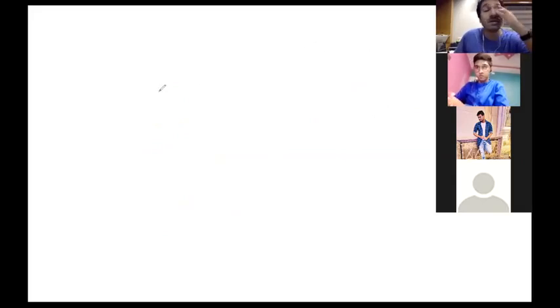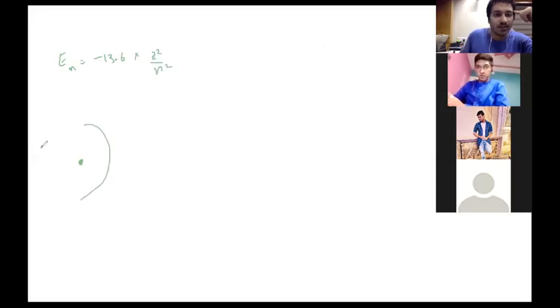I want to give you some feel about energy levels. If you look at the formula for energy, it is minus 13.6 into Z square by n square. Let's take the hydrogen atom for simplicity's sake. For hydrogen, Z is 1. So what is the only variable as I keep moving to higher and higher orbits? The only variable is n.